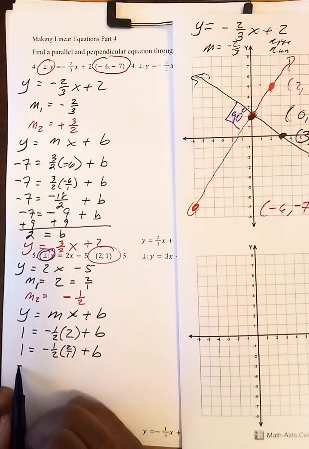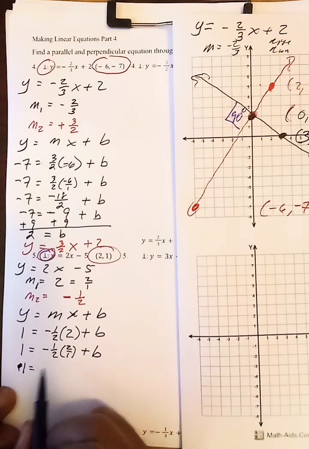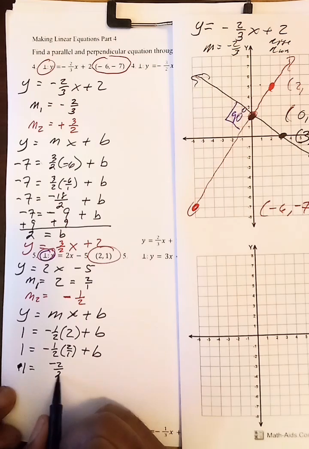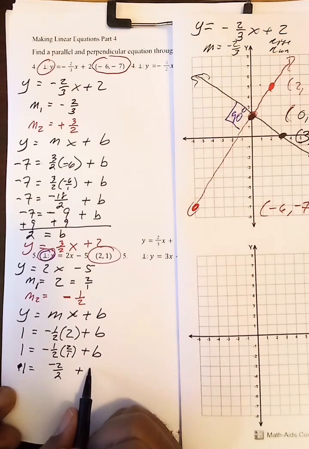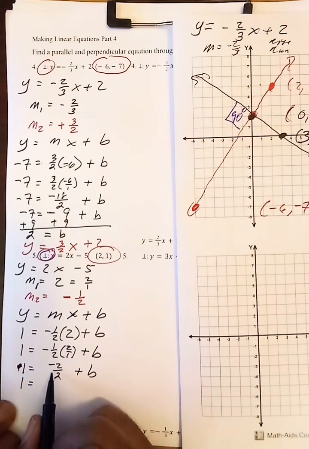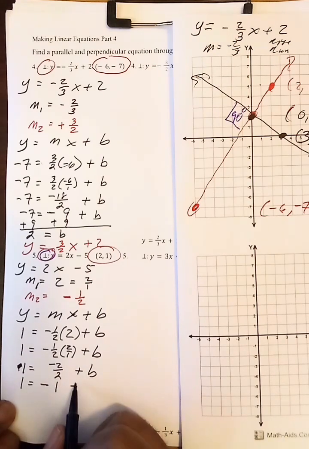And now we can multiply. Oops, this will be a positive 1. And this is going to be a negative 1 times 2, which is negative 2, and a 2 times 1, which is 2. Okay, now from here, we're going to simplify this. A negative divided by positive is negative, and a 2 divided by 2 is 1, plus b.